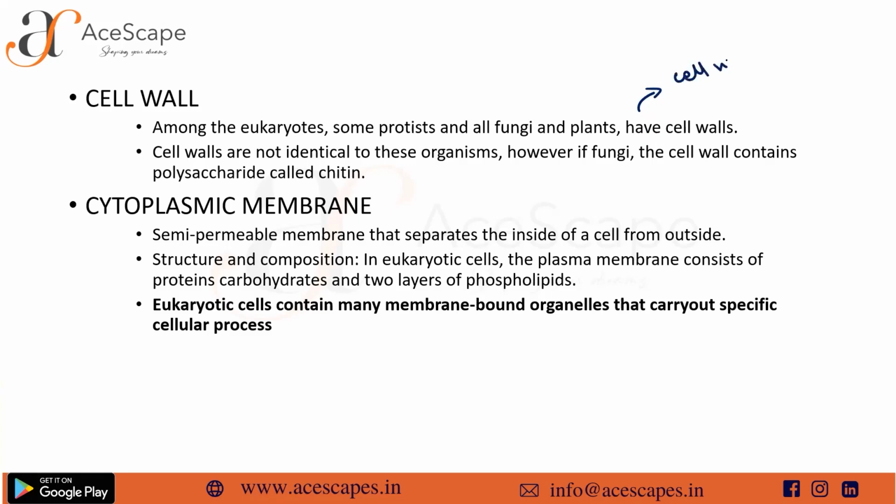Cell wall is absent in animals. And not all protists, only some protists have cell walls. These cell walls are not identical in these organisms. They have different composition. In fungi, the cell wall contains a polysaccharide called chitin.